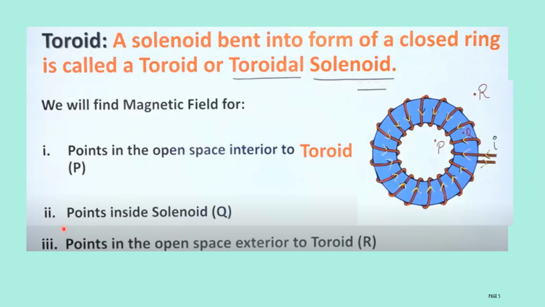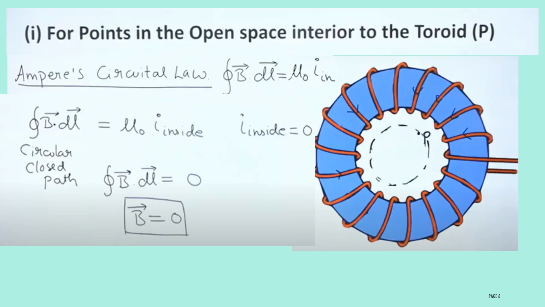Third, a point in the open space exterior to the toroid. In all three cases we have to consider the magnetic field, that is, how much magnetic field is produced by the current carrying conductor. Let us discuss in detail.